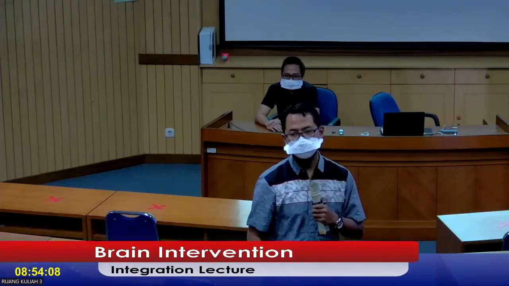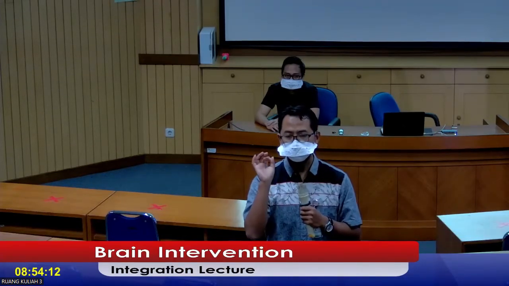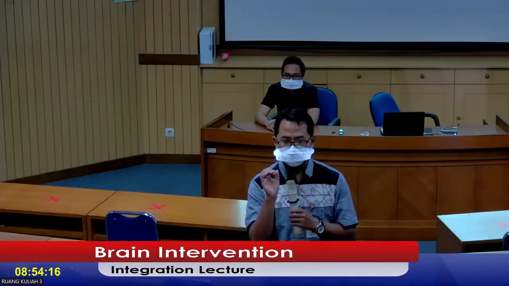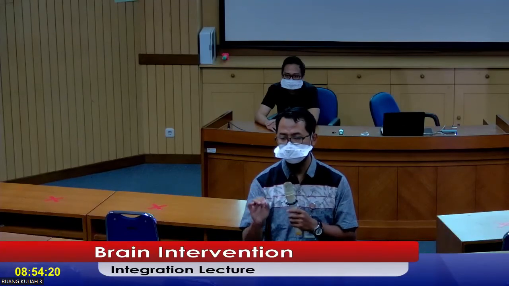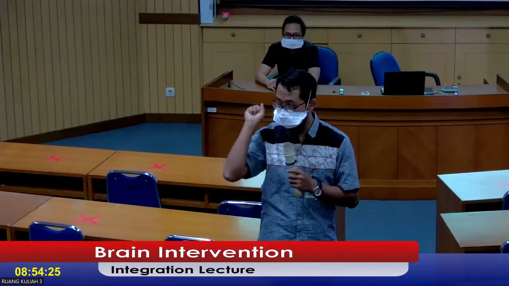The third question is about differentiating focal and general epilepsy. Okay. General epilepsy is almost always caused by the thalamus. If this is true epilepsy, it is by the thalamus. The thalamus is in the middle of our brain.